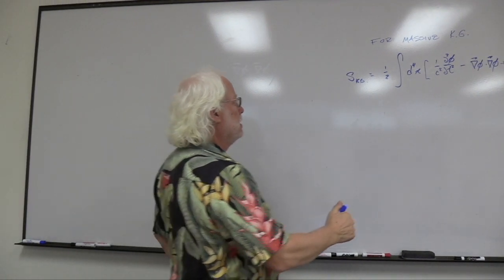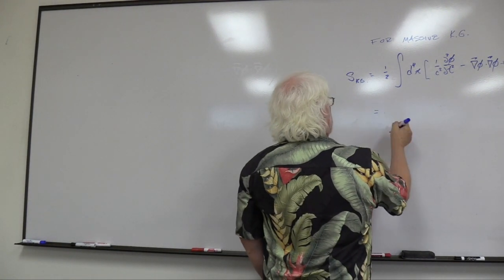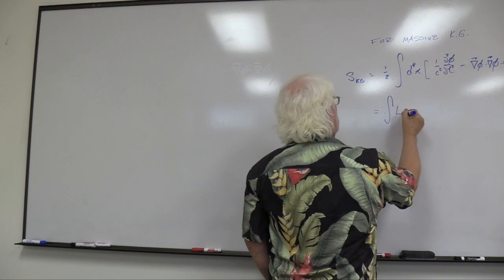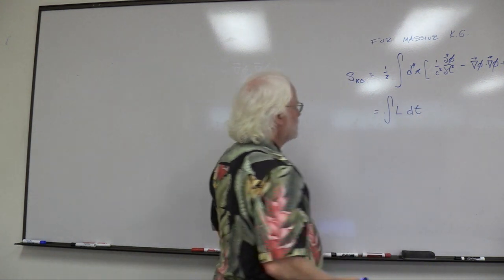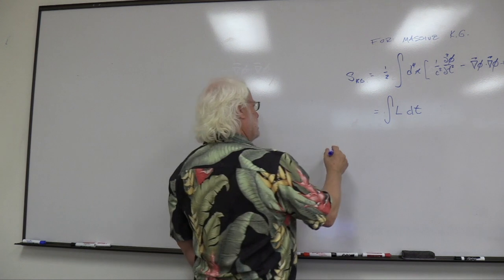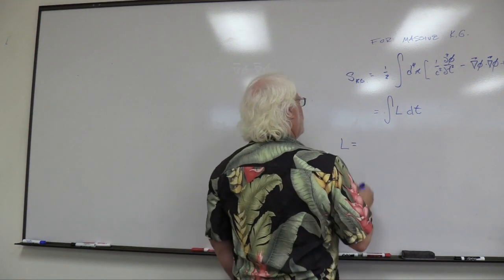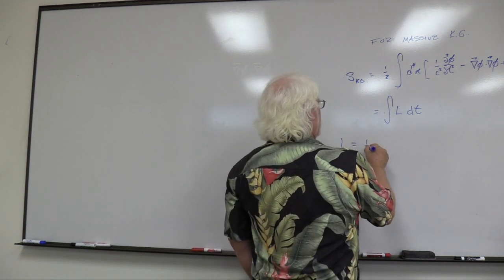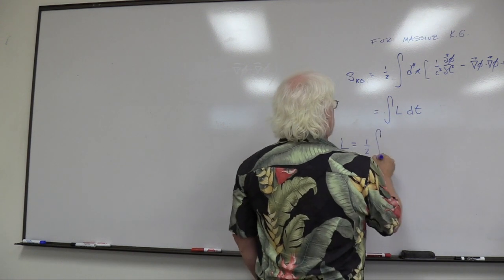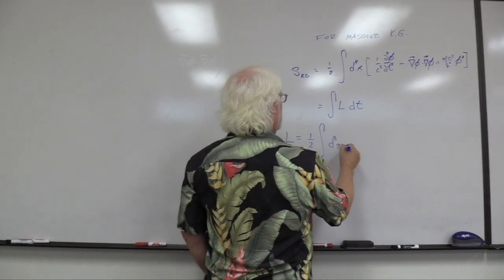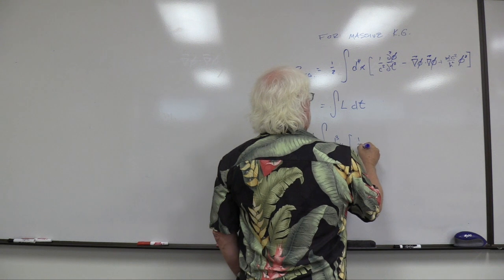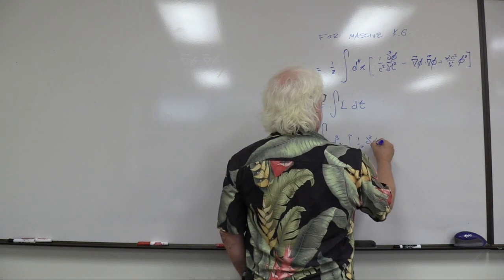Let's look at this. This is the integral of L dt, which means that L itself has to be the integral d3x of 1 over c squared, and then everything here.